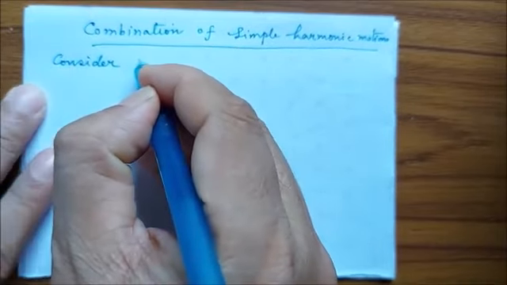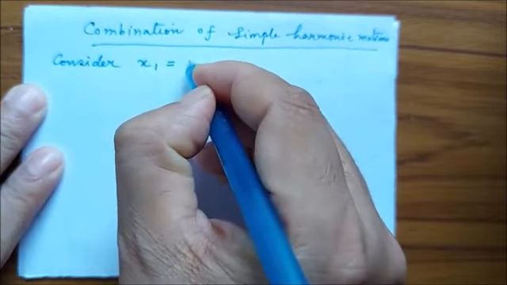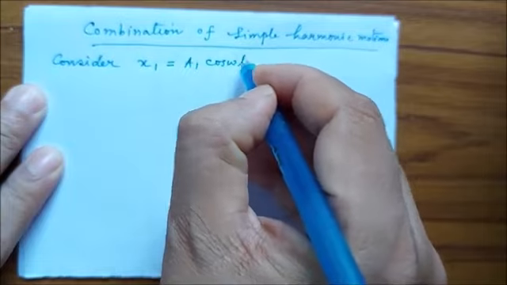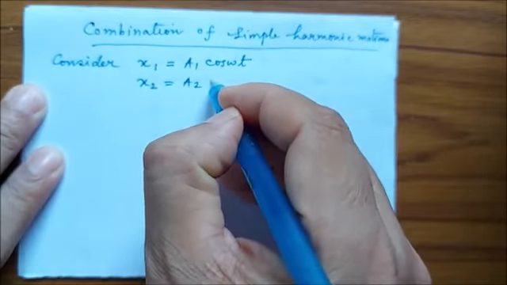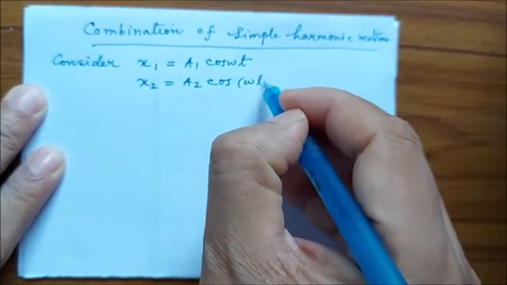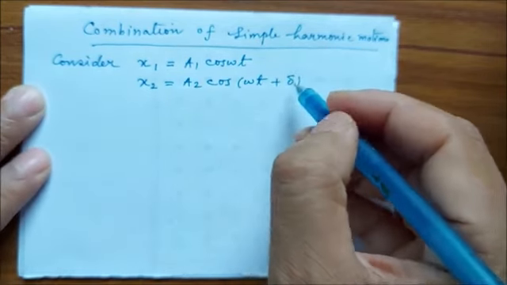two simple harmonic motions described by x1 equal to a1 cos omega t, and the other one is given by x2 equal to a2 cos of omega t plus delta, where delta is an epoch.